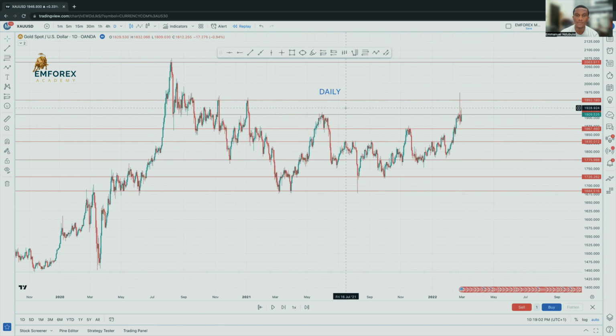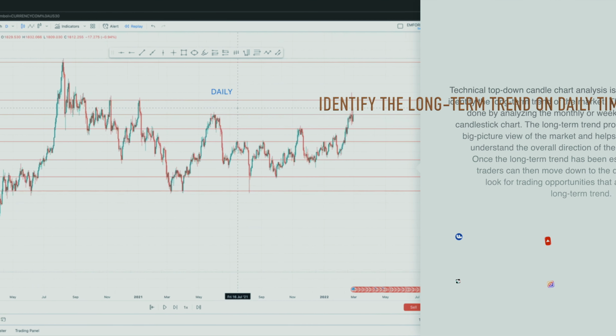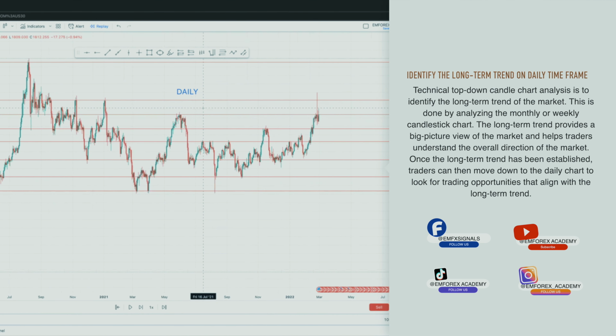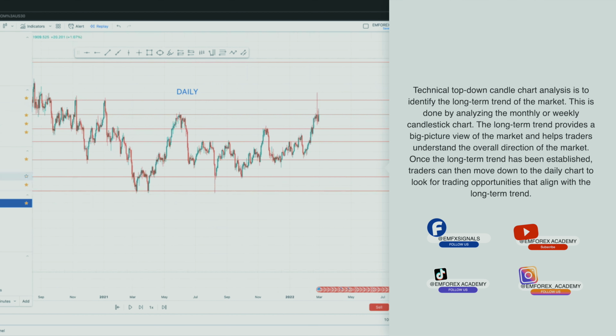The first step in top-down price action trading is to first of all identify the long-term trend of the market, and this is done by analyzing the monthly or weekly time frame.